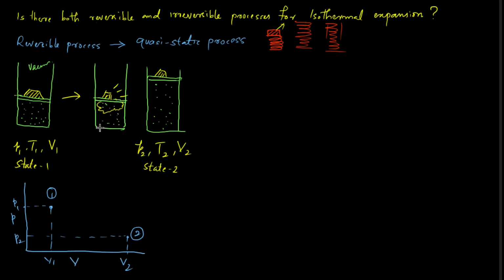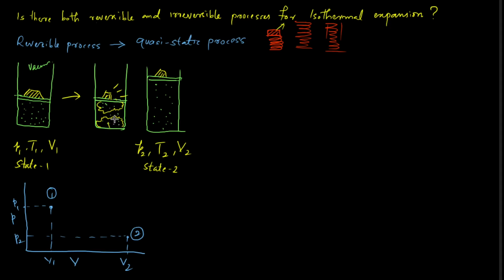But when we consider this other region, the particles there may not even know that the weight has been removed, because it will take some time for that pressure wave to reach this position. So here pressure will be high, and here pressure will be low. So in the same system, at different points you will have different pressure values, and since the pressure is different, temperature also might be different.